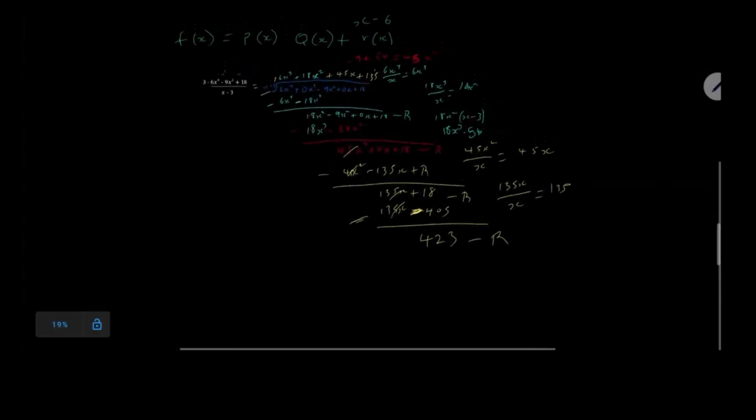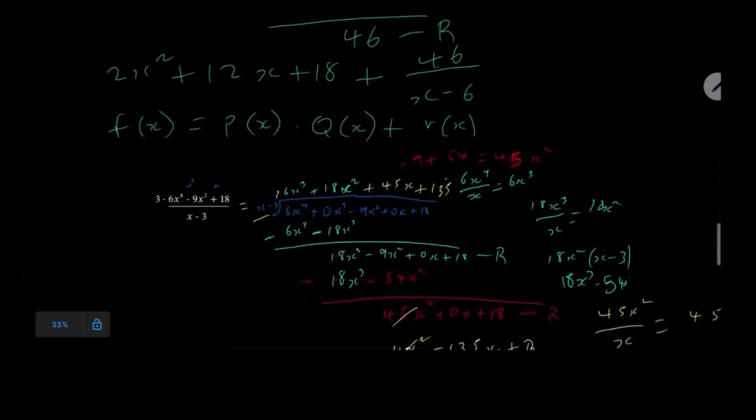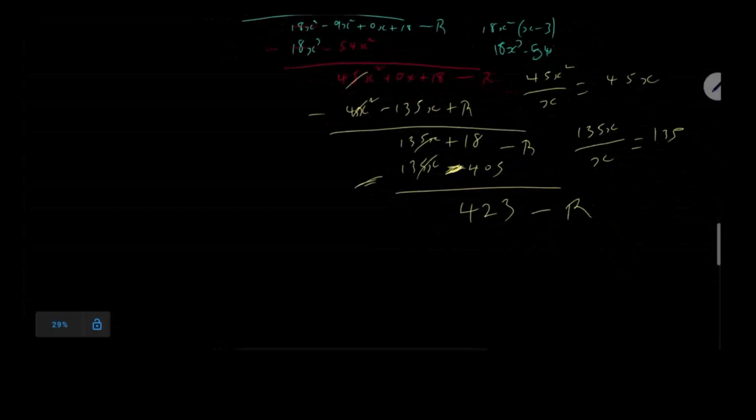And as we did earlier on, we say that the polynomial is equal to the quotient that we have here. In this case, I'm going to write it down here. Our quotient is going to be equal to 6x cubed plus 18x squared, right?